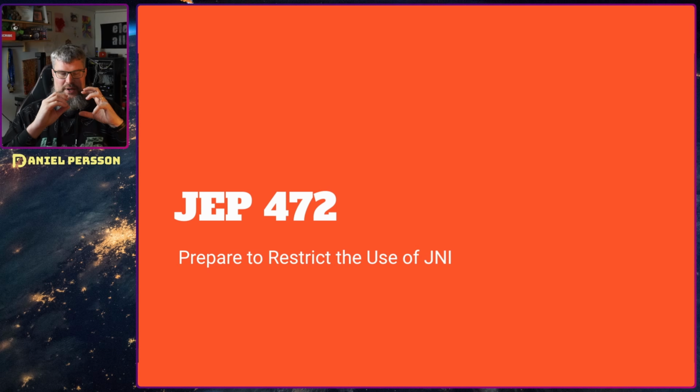So they are trying to make JNI less useful because it's going to be deprecated in the future. They are removing features and trying to warn people about not using them. It's not removed yet, it's still usable, but they are moving in that direction, so you should move there too.